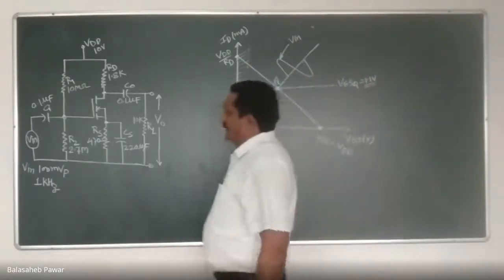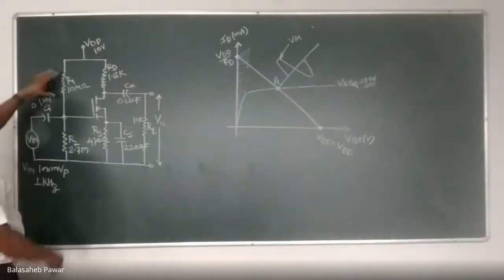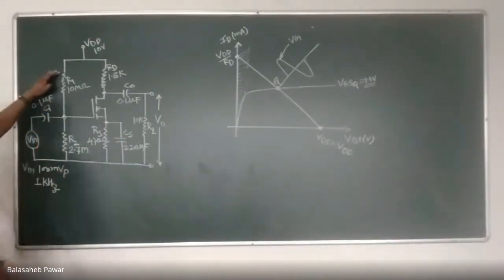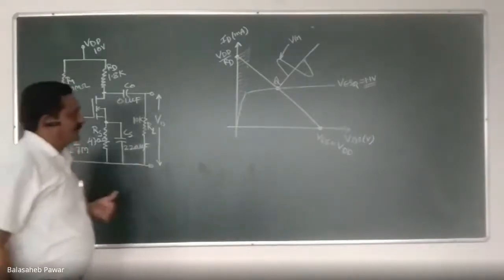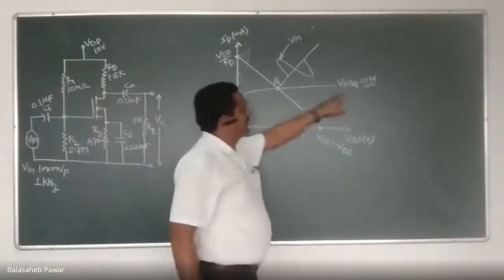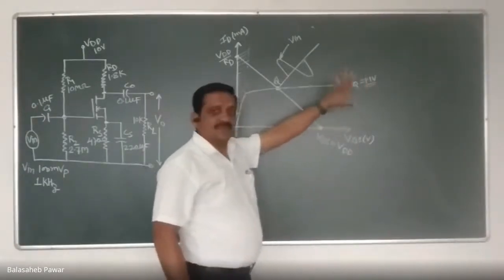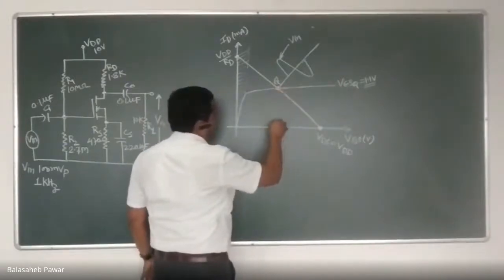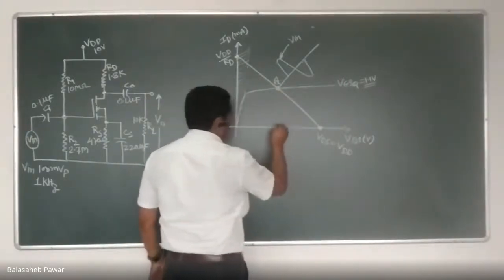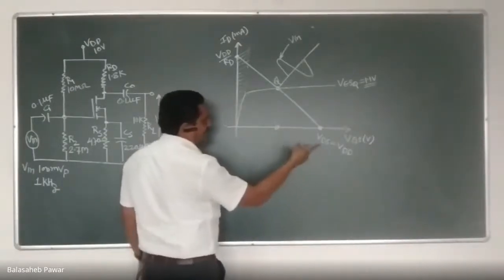So whenever we go on to bias this transistor by using R1 and R2 for the set values, then the set value of that gate to source voltage is 1.1 volt. That means we can say our transistor is working at the center of the load line, and the obtained output voltage, that is VDS, will be VDS_Q.